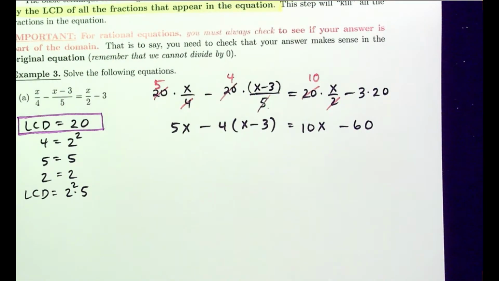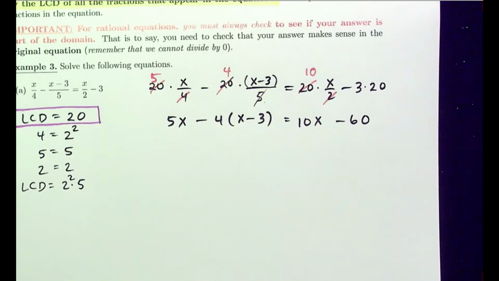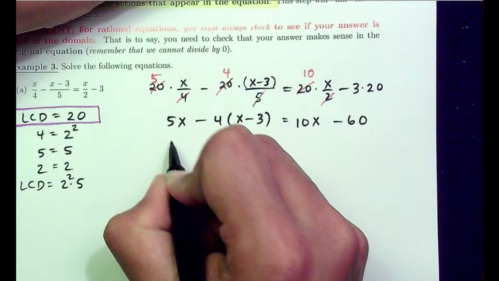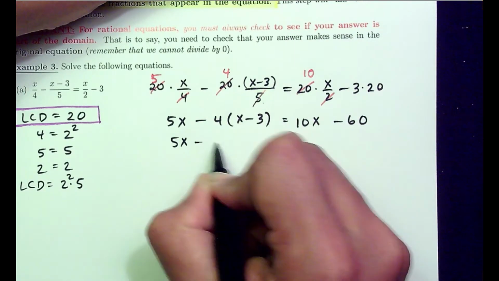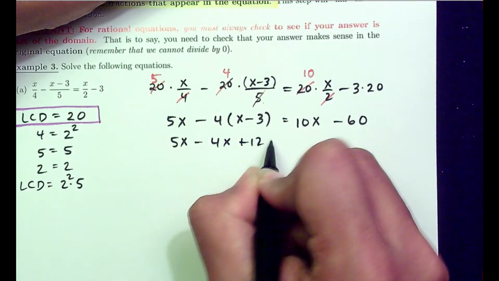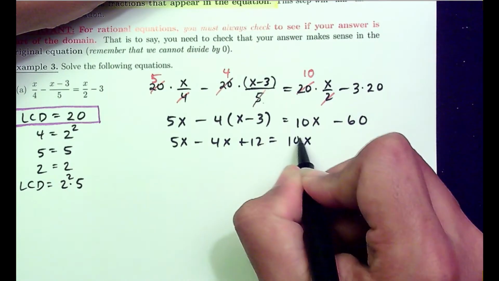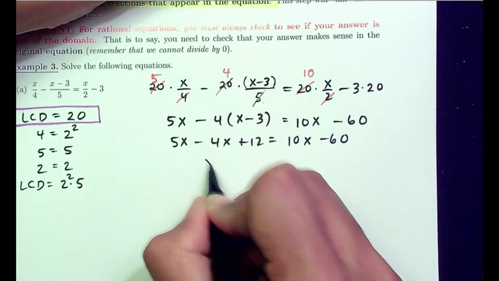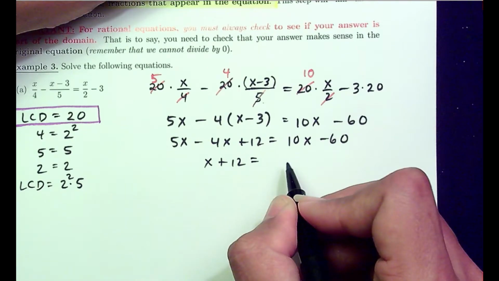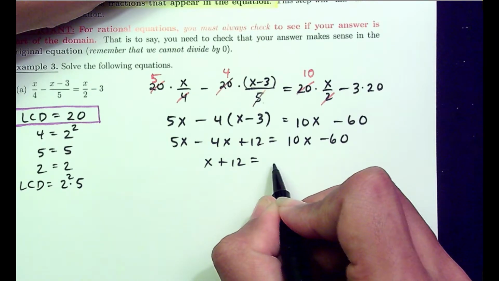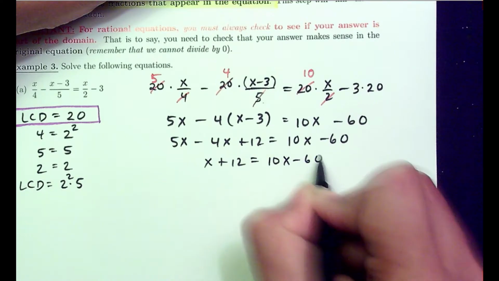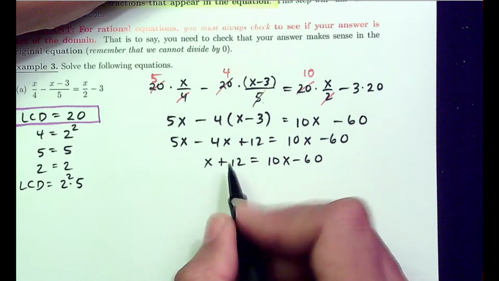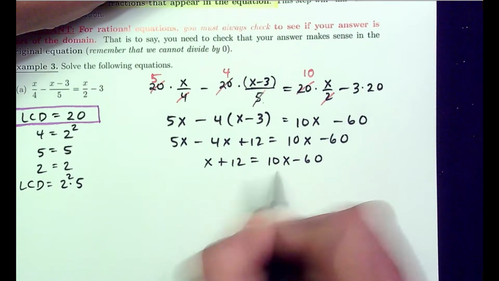Okay, now you have this equation that you see has no fractions, no rational expression, so it should be easy to solve. So let's solve it. This is going to be 5x, distributing, minus 4x plus 12 equals 10x minus 60. Combining these x's over here, you get x plus 12 equals 10x minus 60. Now moving things around, let's say you move the x's.